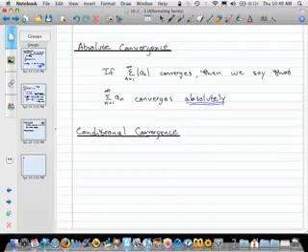So if the absolute value one diverges, but the regular one converges, then we say that it converges conditionally.